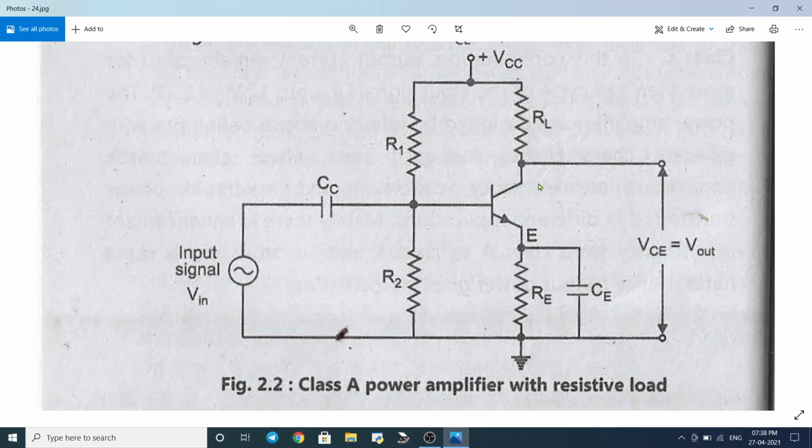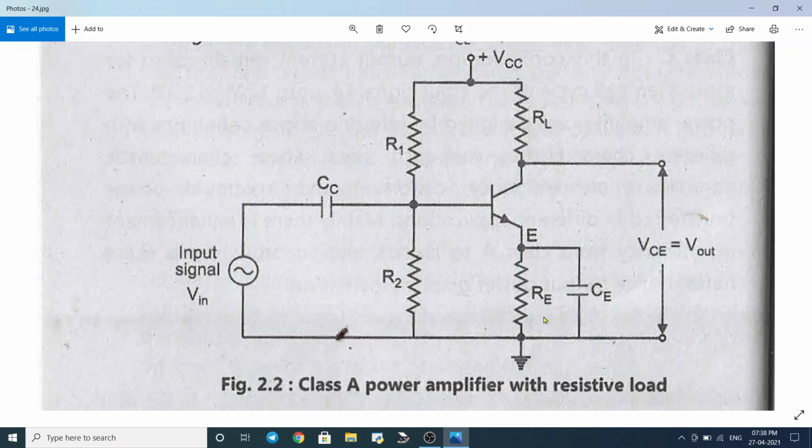First change is that the transistor is a power transistor, and the second change is here. This is the major change. In the common emitter amplifier, we have seen in the last chapter, it was a small signal amplifier, a voltage amplifier. Now this is a large signal or power amplifier.